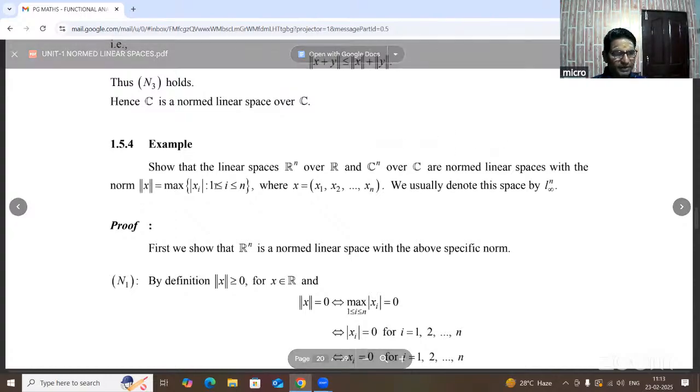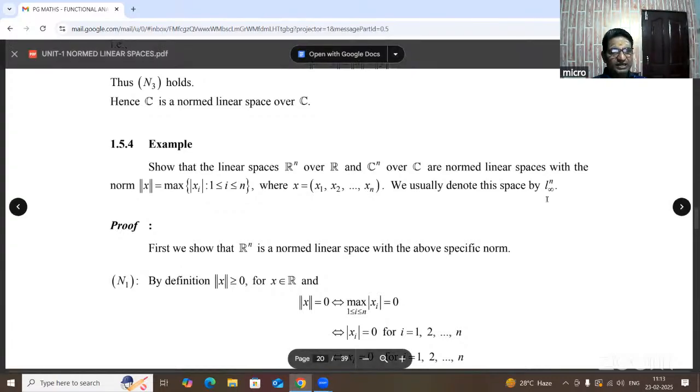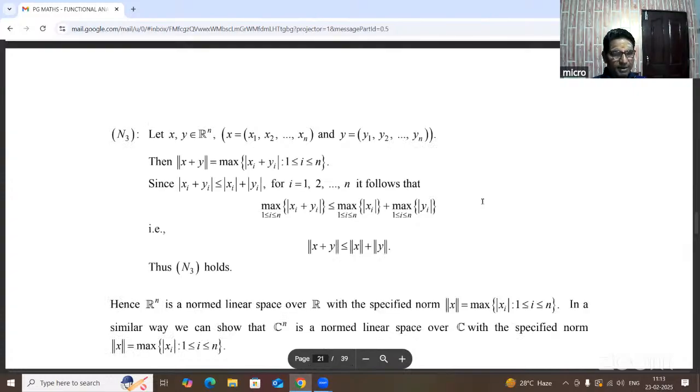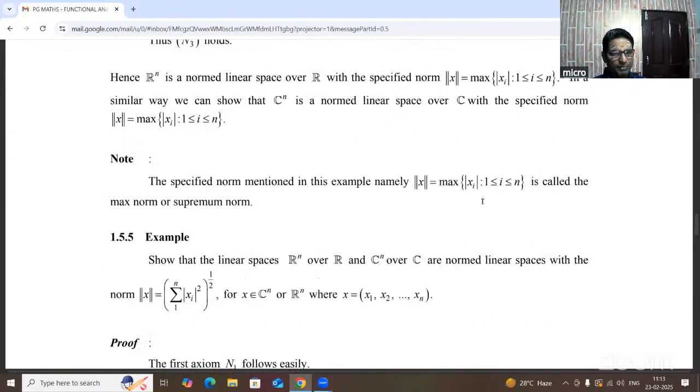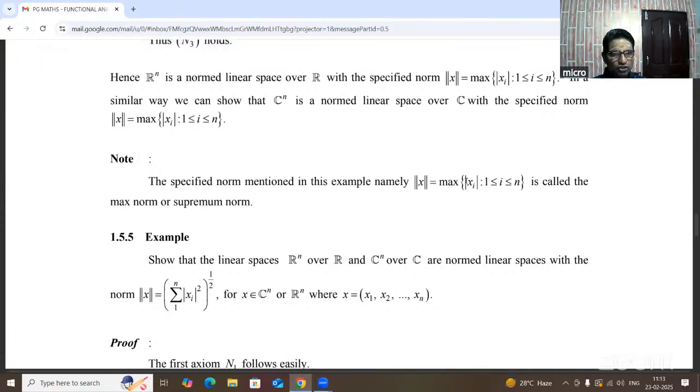It is also denoted by L infinity of n. That value is also called the supremum norm, or maximum norm. So, to define the maximum norm or supremum norm: norm x equal to maximum of mod xi.